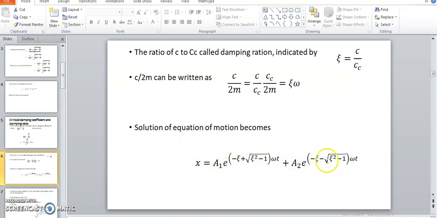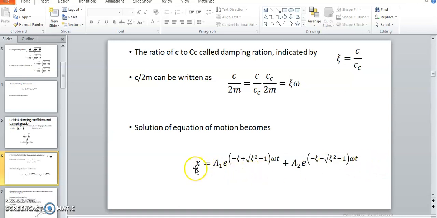This is the solution of the vibratory motion for free vibration with damping. For damped free vibration of a body, we can write the solution x like this.